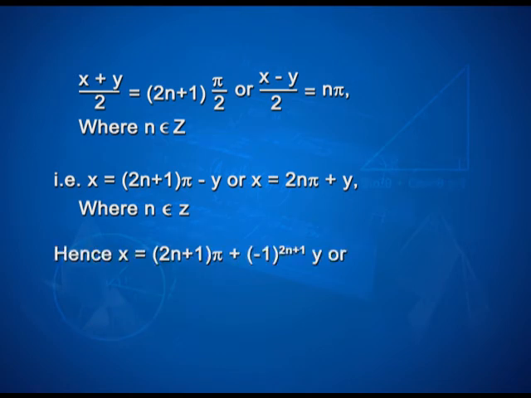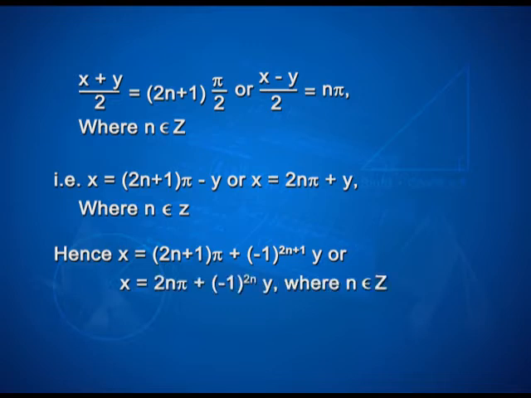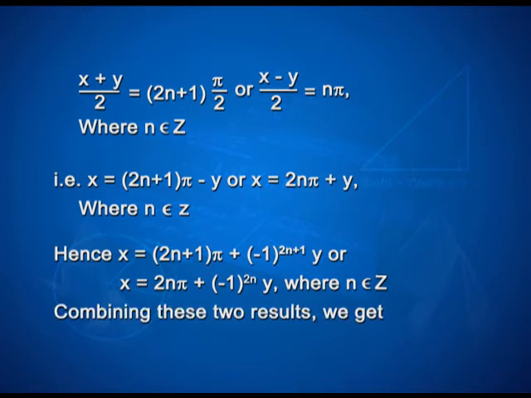Hence, x is equal to (2n plus 1) pi plus (minus 1) raised to 2n plus 1 into y, or x is equal to 2n pi plus (minus 1) raised to 2n into y. Combining these two results, we get x is equal to n pi plus (minus 1) raised to n into y, where n belongs to integer z.